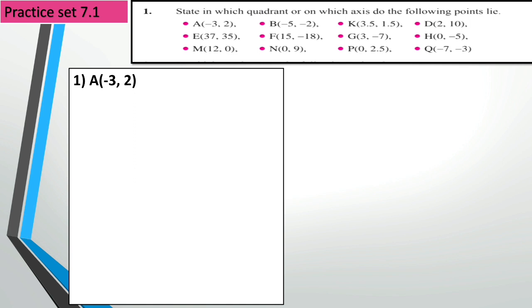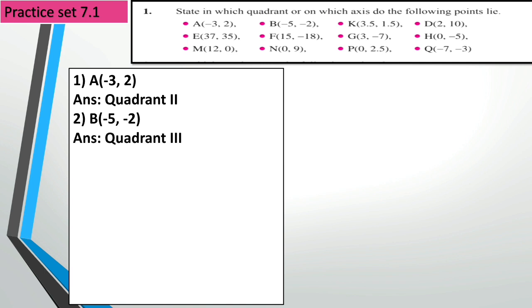When x coordinate is negative and y coordinate is positive, then it will lie in which quadrant, student? In second quadrant. The second one is given, point B, (-5, -2). Means both coordinates have the negative sign. It means it will lie in quadrant 3. As per the given sign, we will identify in which quadrant the point will lie.